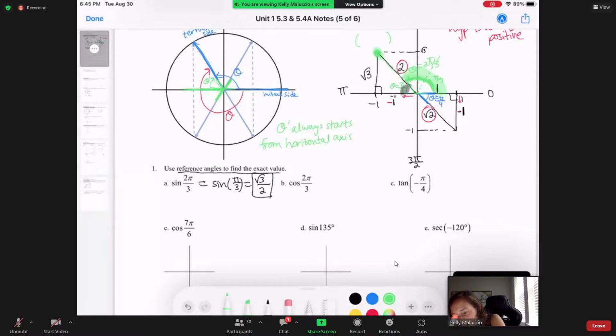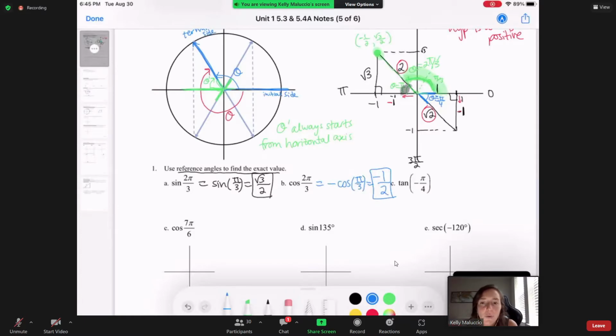I know that root 3 over 2 is the sine and the cosine is 1/2, but it's negative here because I'm on the negative side of the quadrants for x. So cosine of 2 pi over 3 is equal to negative cosine of pi over 3, which is negative 1/2.